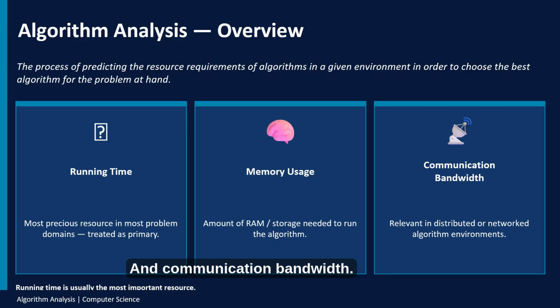And communication bandwidth, relevant in distributed or networked systems. Of these 3, running time is almost always the most important, because computational time is the most precious and often the most constrained resource in real-world applications. Throughout this course, time complexity will be our primary focus.